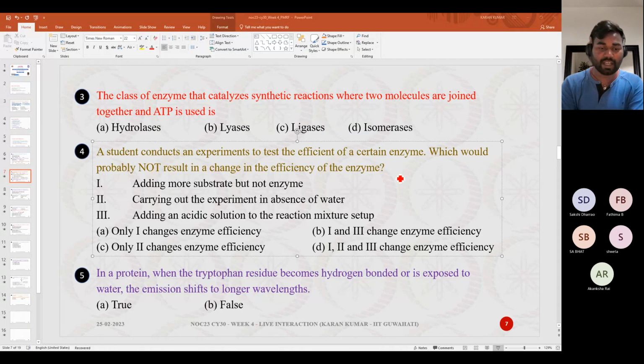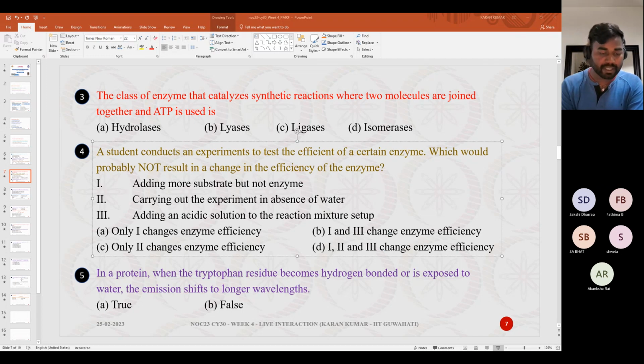Yeah, actually that was the case because all the enzymes have an optimum pH. So if you are adding a solution, it will change the pH. In case of acid, if you added base, then also the reaction system might be disturbed because all enzymes operate at their optimum pH.